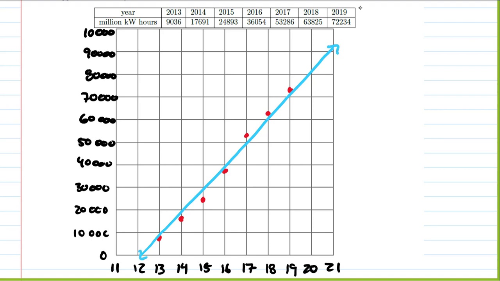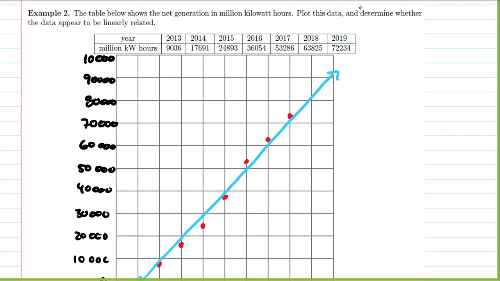And it looks like for the first few data points, it actually only goes through maybe 2 or 3 of them, but then I have 2 data points that are below and 2 data points that are above. So that's a pretty reasonable approximation. So I would say yes, the data is linear.